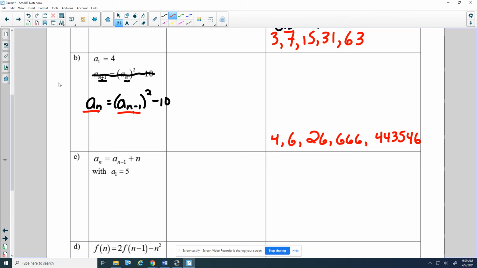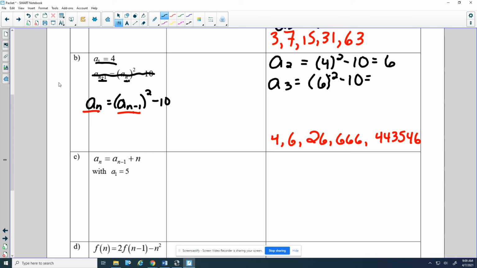So if I was using the formula, to get the second term, which I have to find after that first term, I take the first term, which is a 4, square it minus 10. 16 minus 10 is 6. Then I take the last one squared minus 10. 36 minus 10 is 26.